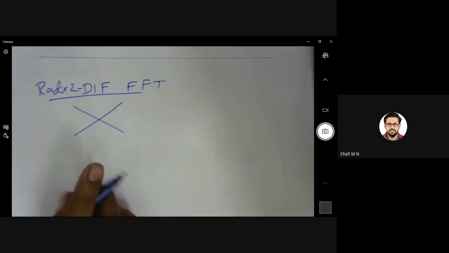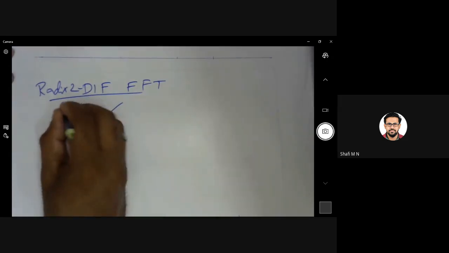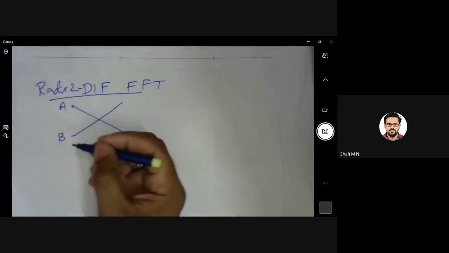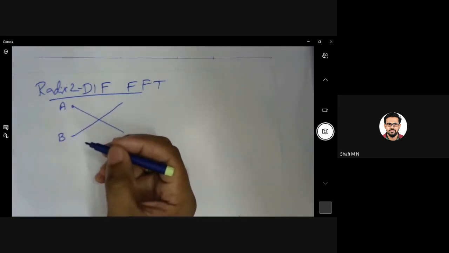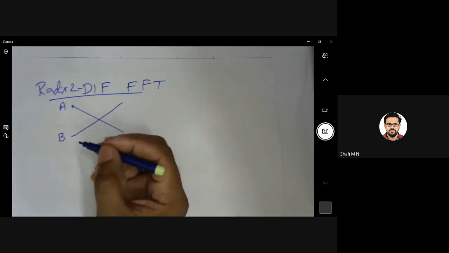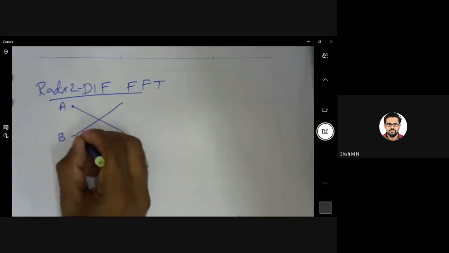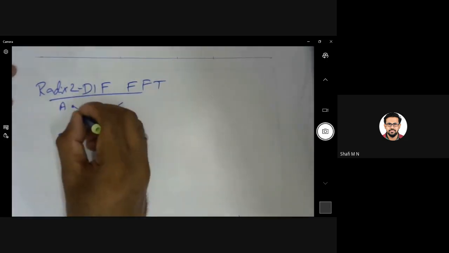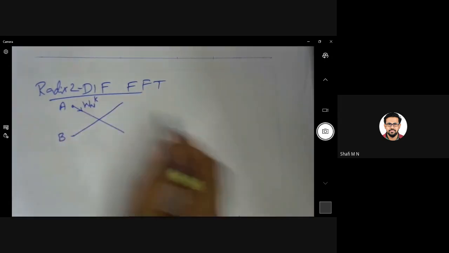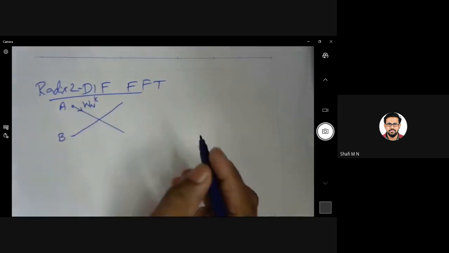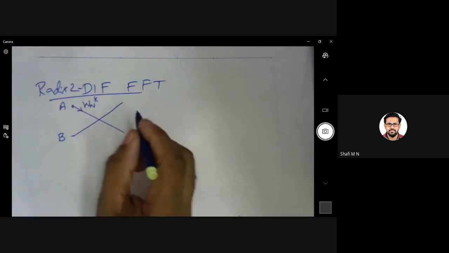In the decimation in time butterfly, you had A over here and B over here, isn't it? And where did you mark W_N^k? That was in the lower arm, isn't it? For DIF, the primary difference is how you represent your twiddle factor. That should be in the upper arm. Got it? Now let's see what the output will be.